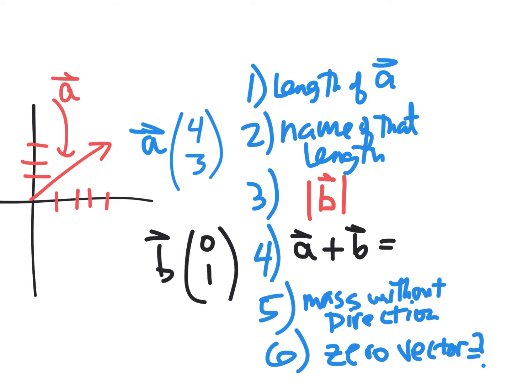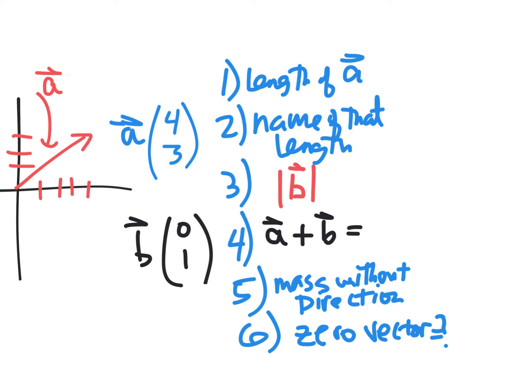No, 5 is not the 0 vector. Pause for a second while you answer questions 1 through 6.